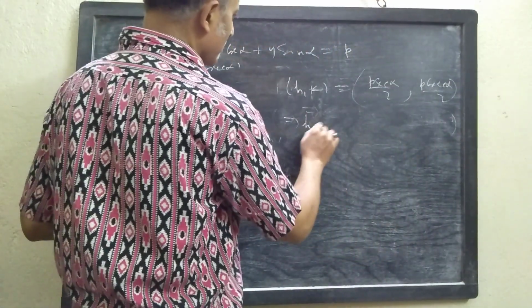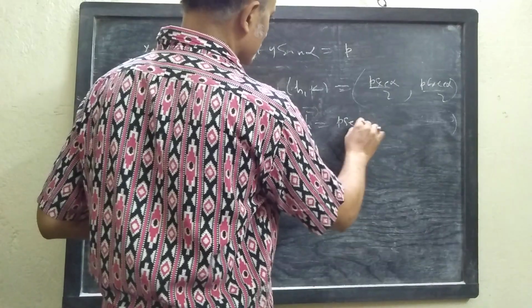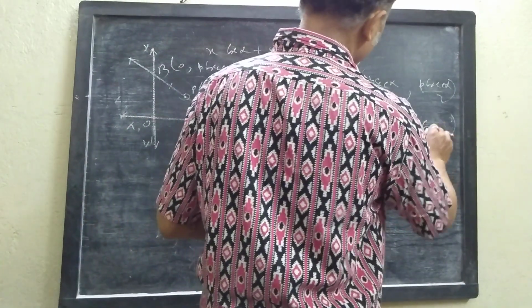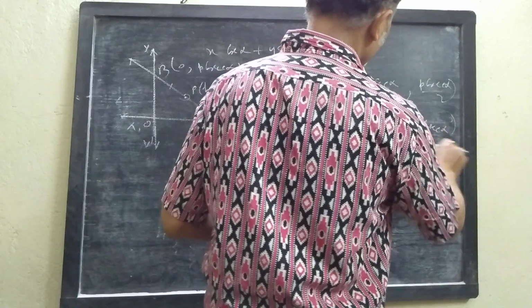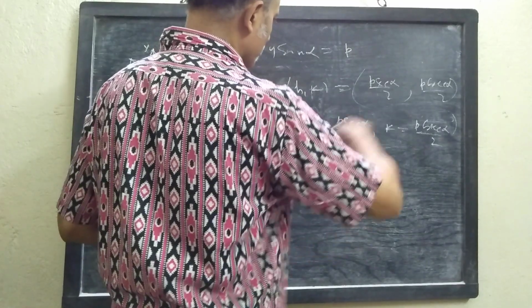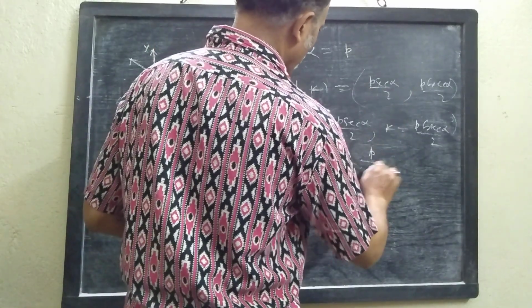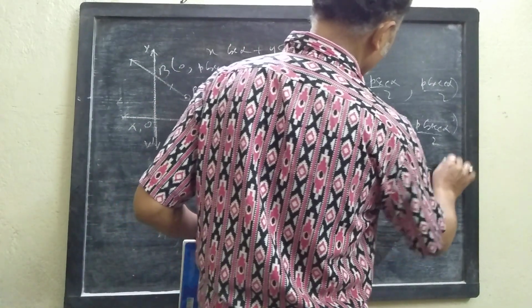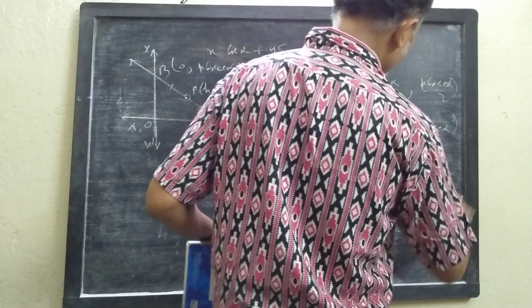That implies h equals p sec alpha by 2, k equals p cosec alpha by 2. That implies you get cos alpha equals p by 2h, and from this step sin alpha equals p by 2k.